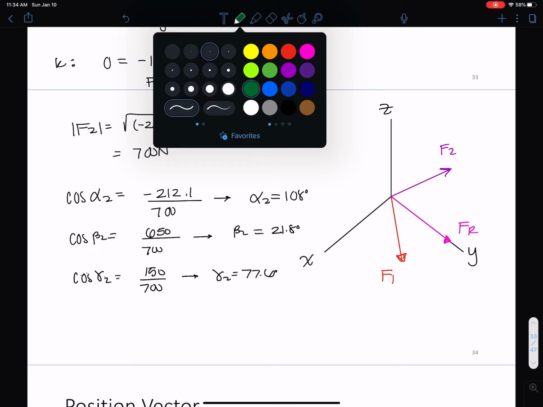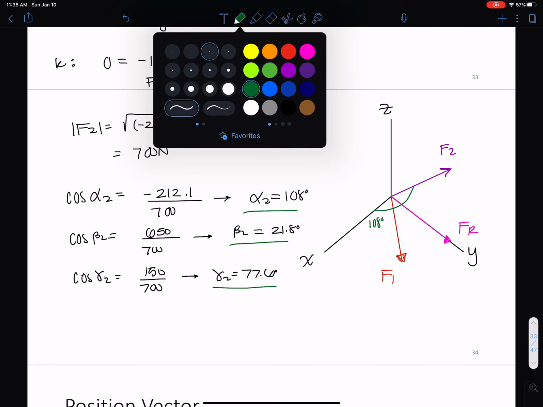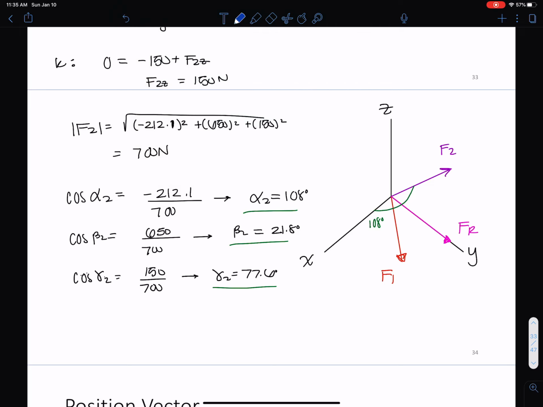So now my F2, if I measure all of those, I want to show you guys where the gamma, beta, and alpha are. So alpha, again, is measured from the positive x to the vector. So this is my alpha. This would be the 108 degrees. I'm running out of colors. We'll do beta.